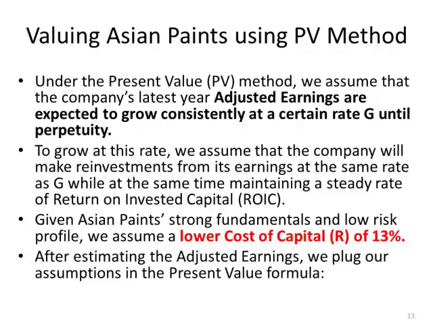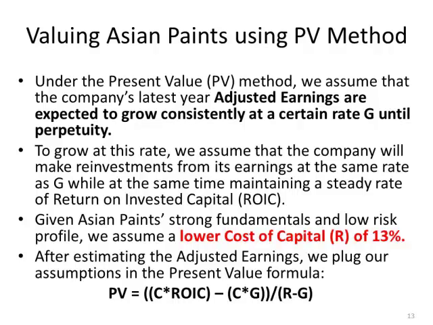Once we've estimated adjusted earnings, we plug our assumptions into the present value formula. The present value formula is PV equals C times ROIC minus C times G, divided by R minus G. C in this case is the company's capital base, the capital that the company starts with, and we take the return on invested capital times the capital base.